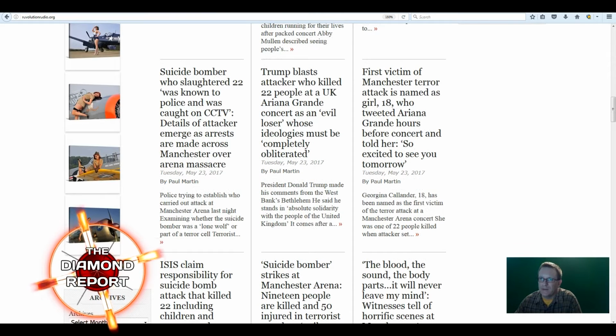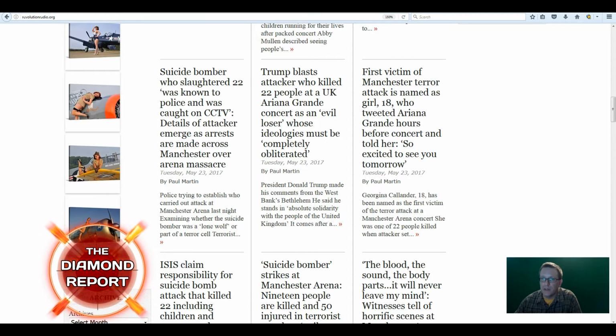Trump blasts attacker who killed 22 people at the UK Ariana Grande concert as an evil loser whose ideologies must be completely obliterated. Well, in order to completely obliterate those ideologies, you would have to completely obliterate Islam, because whoever did that is a direct follower of Muhammad and his teachings and what Islam teaches.